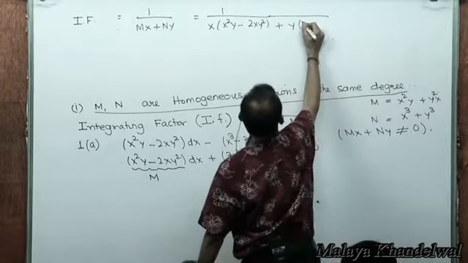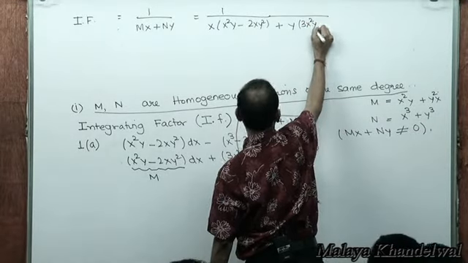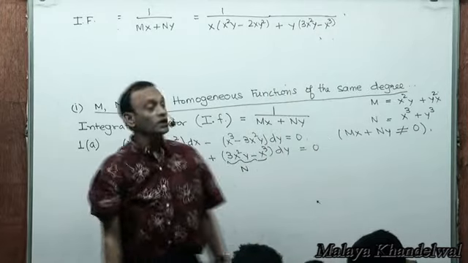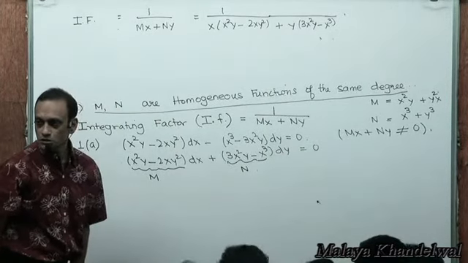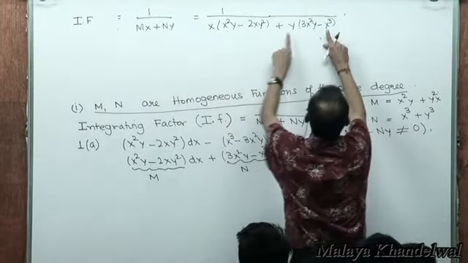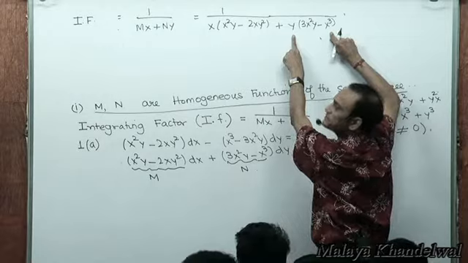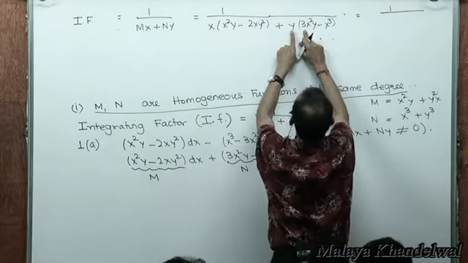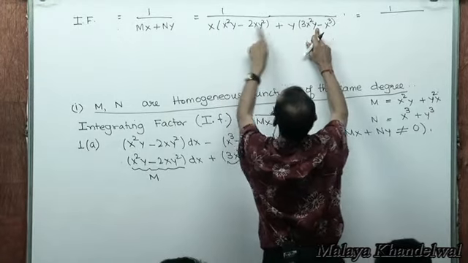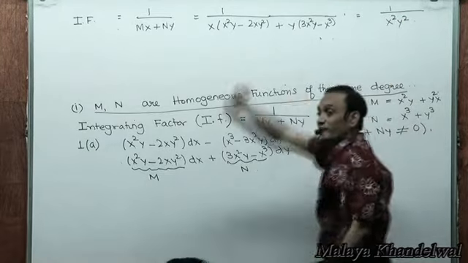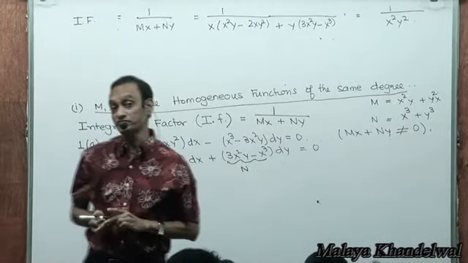N is this, 3x squared y minus x cubed. Yes or no? This would be my integrating factor. And do you realize x cube y and x cube y will get cancelled here? And what this essentially gives us is 3x squared y squared minus 2x squared y squared, which is x squared y squared. That's my integrating factor for this.